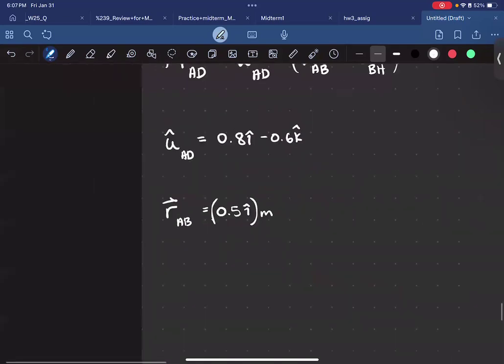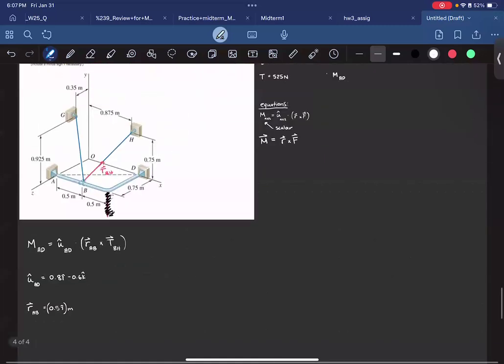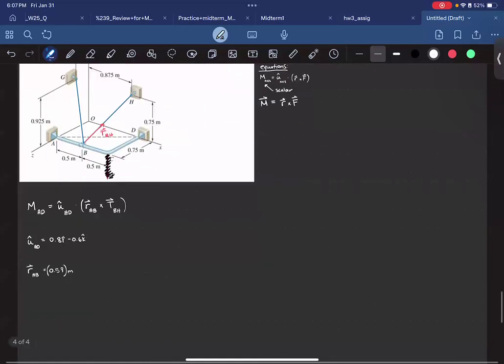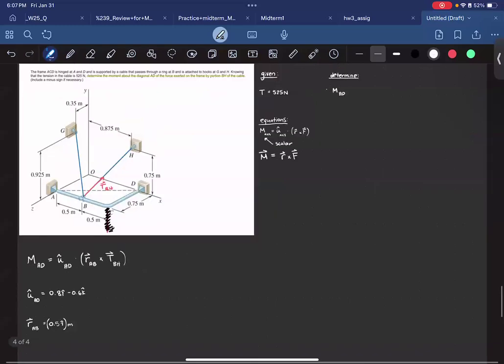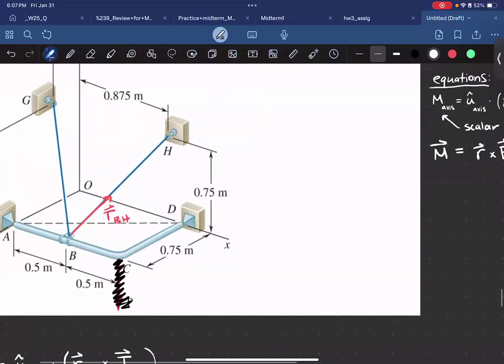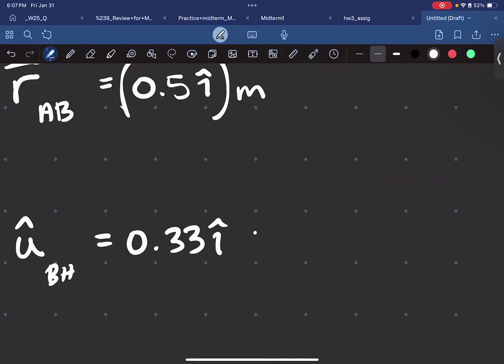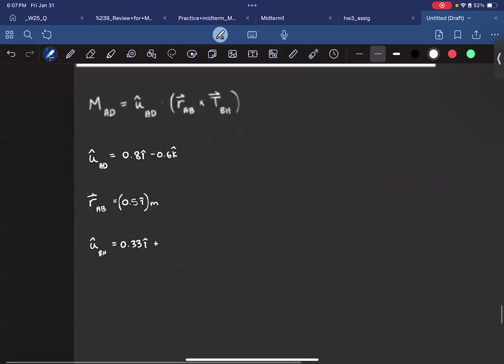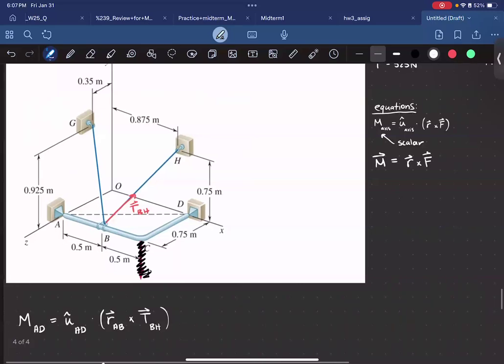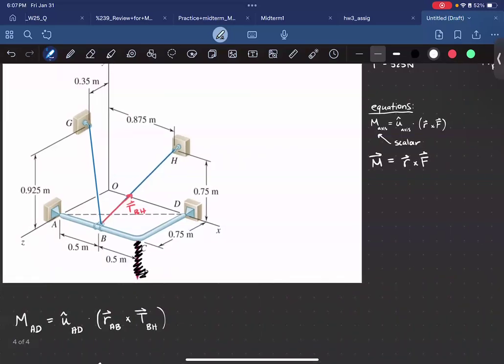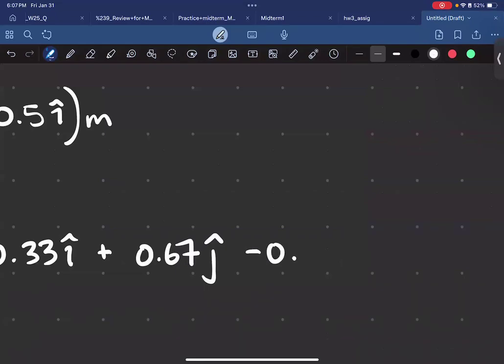And now, if we want to find the components of T, we need to find its unit vector pointing from B to H, and then multiply that with its magnitude. So the unit vector pointing from B to H is equal to 0.33 i plus 0.67 j minus 0.67 k.